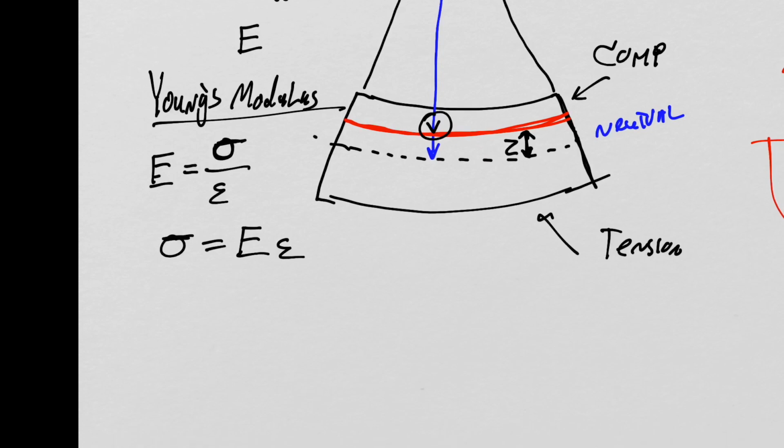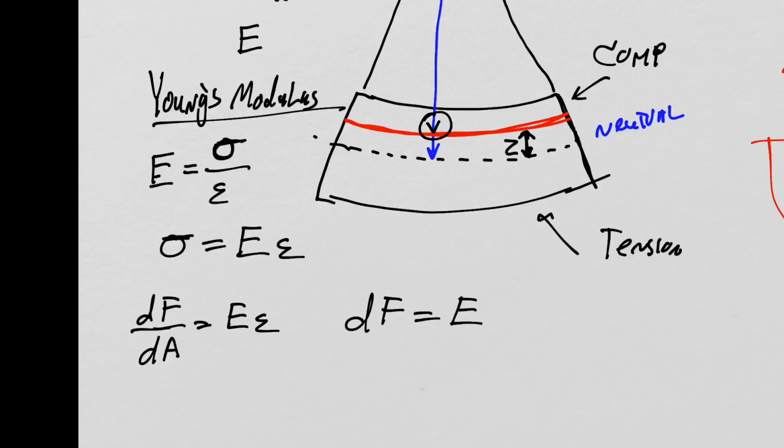And now we have something to talk about the forces inside this little segment of wire. The way we'll do that is we'll say the force per bit of area. Stress is really the differential of the force with the differential of the area, and that equals E epsilon. So the formula we get is that the differential of the force equals E times the strain times the differential of the area.